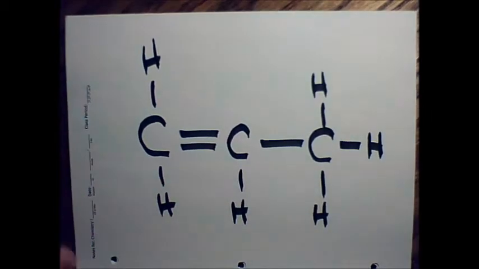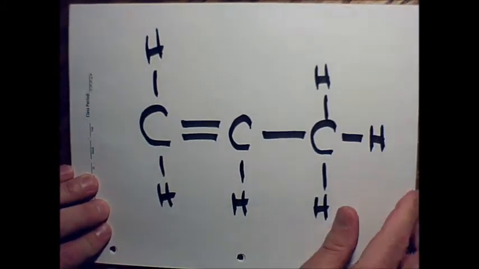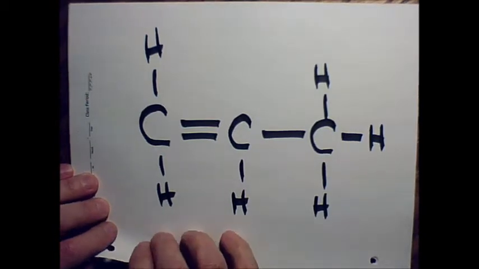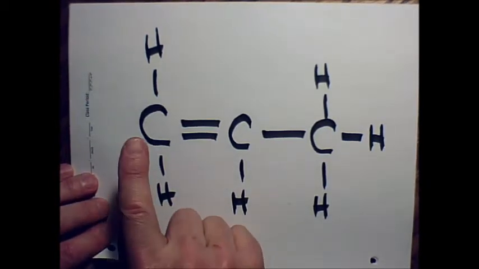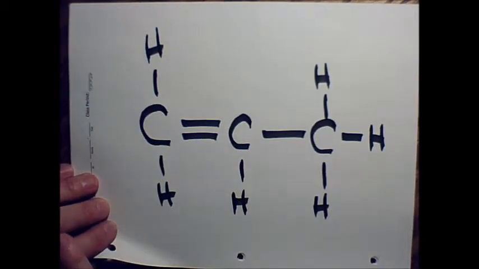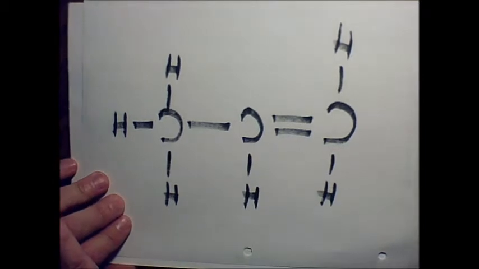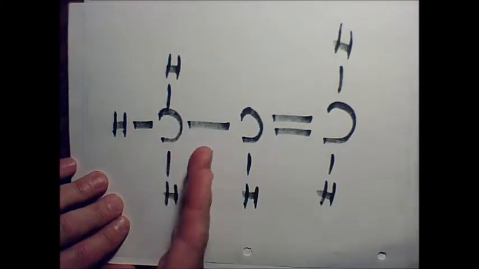Question: what is the name of this thing? We're going to use a numbering system. You'd call it 1-propene, wouldn't you? Yes. What if we do this? It's still 1-propene. It hasn't changed. So we don't need a numbering system if we only have 3 carbons.